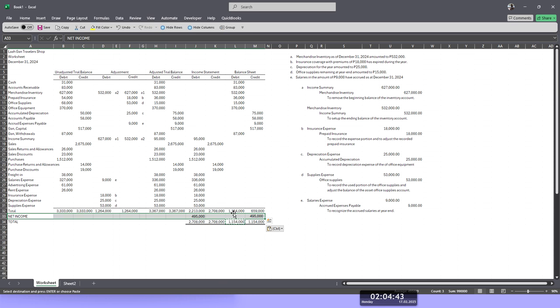And the other one is the balance sheet, or sometimes called the statement of financial position. During the process of preparing the worksheet, the net income is also determined in advance before the income statement is prepared. So here we have completed the preparation of the 10 columns worksheet.